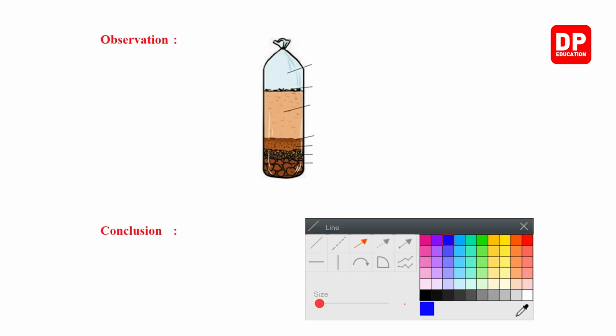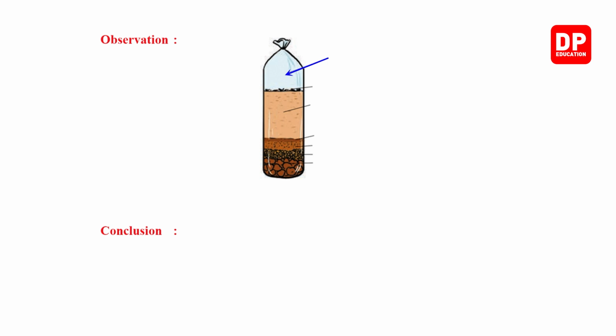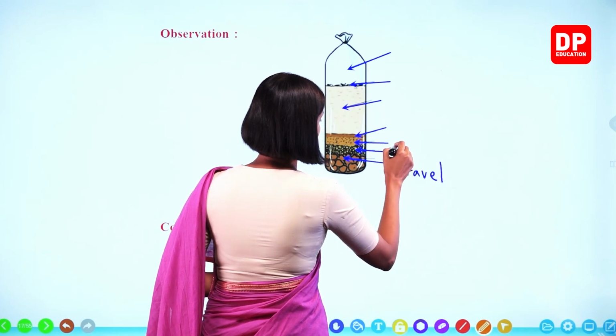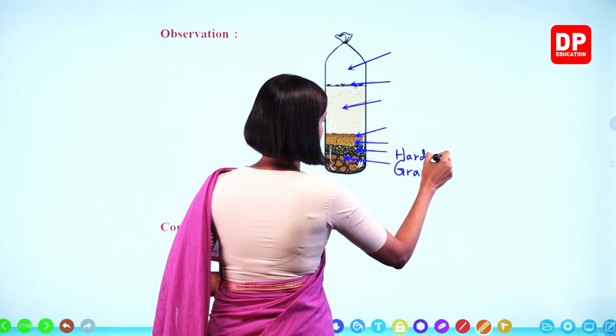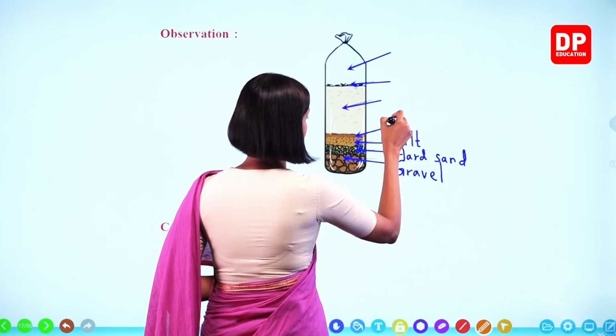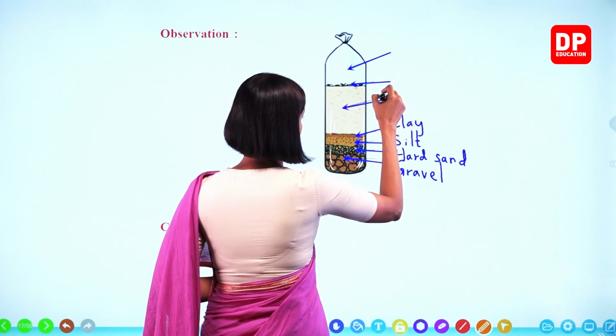This is the polythene bag with water, plant and animal matter, water with clay particles, and this is clay, silt, sand and gravel. Gravel, hard sand, silt, clay. This is the water.